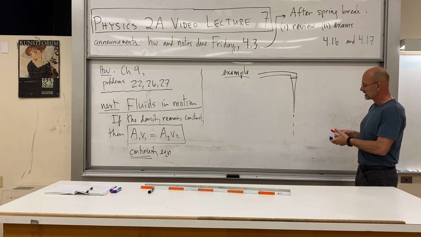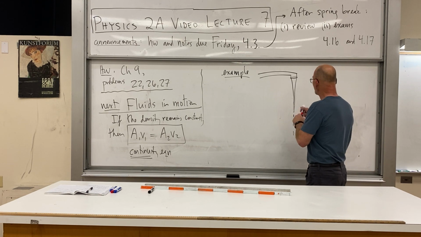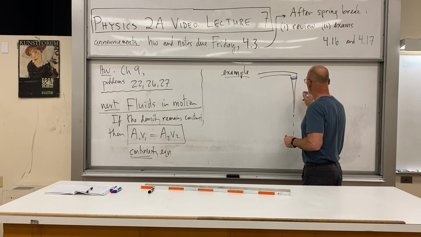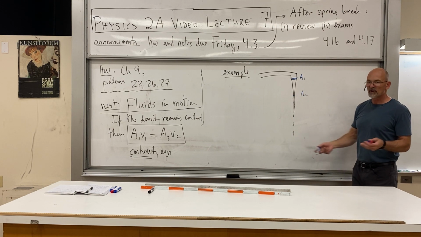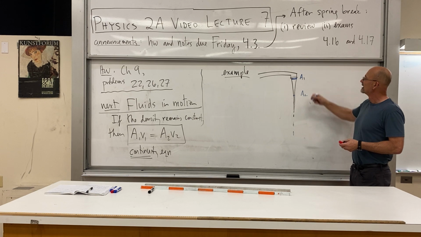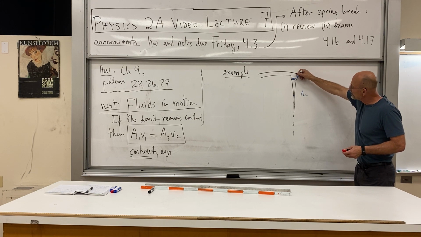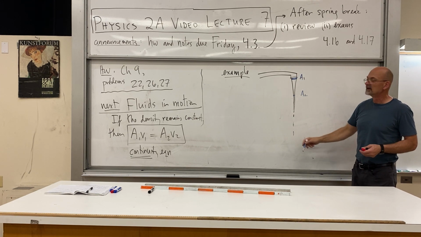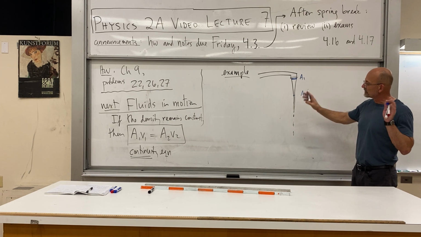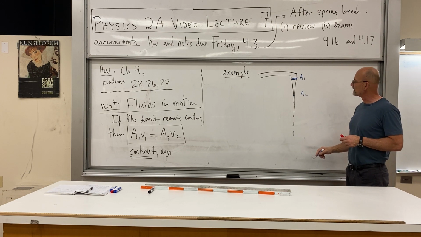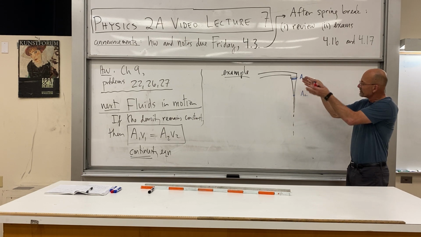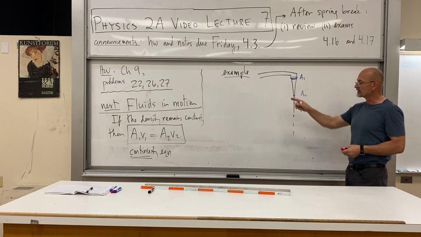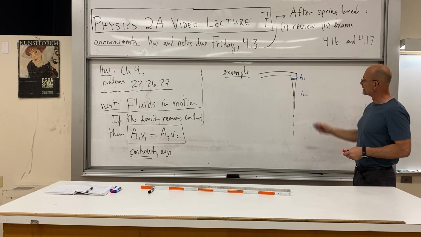And good, the cross-sectional area A1 is greater than A2. Where's the water going faster? It's picking up speed as it falls because it's just in free fall. And so you could actually, if you were ambitious, it's not that hard, find out the mathematical shape of this taper just by using the continuity equation and the law of free fall.